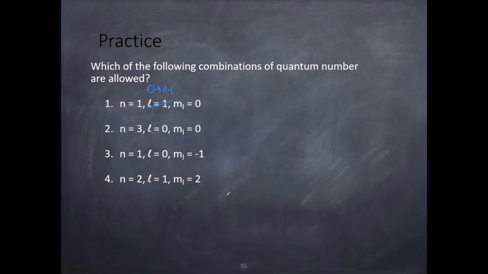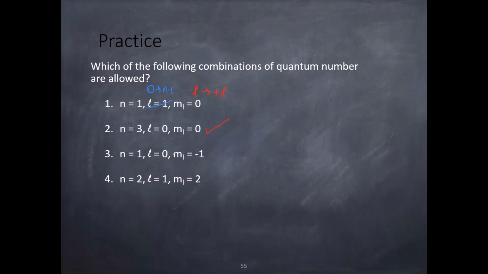So now we've got to examine them based on the magnetic quantum number. With this, it can be negative L to positive L. So for the second one here, negative 0 to positive 0 is just 0, but that's fine.